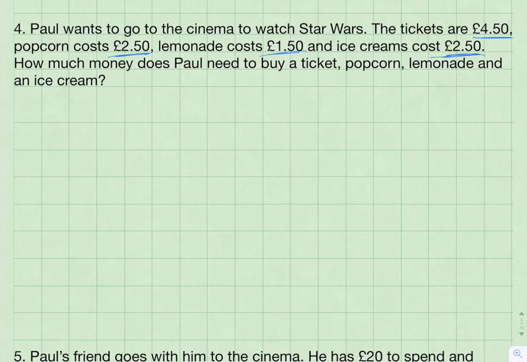Everything's in pounds, so that makes this question quite straightforward. £4.50 for the ticket. £2.50 for the popcorn. £1.50 for the lemonade and £2.50 for the ice cream.